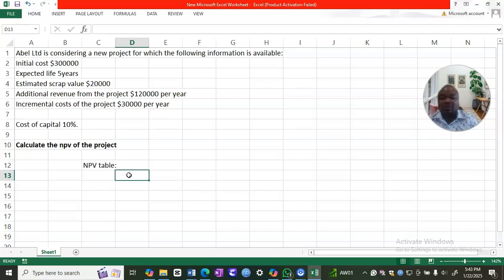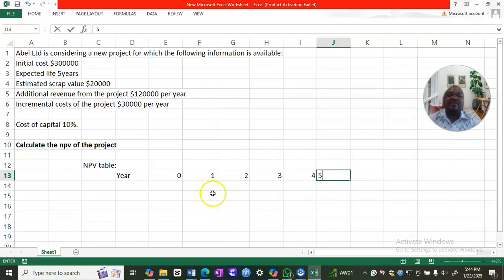So we start with our year: year 0, year 1, year 2, year 3, year 4, year 5.